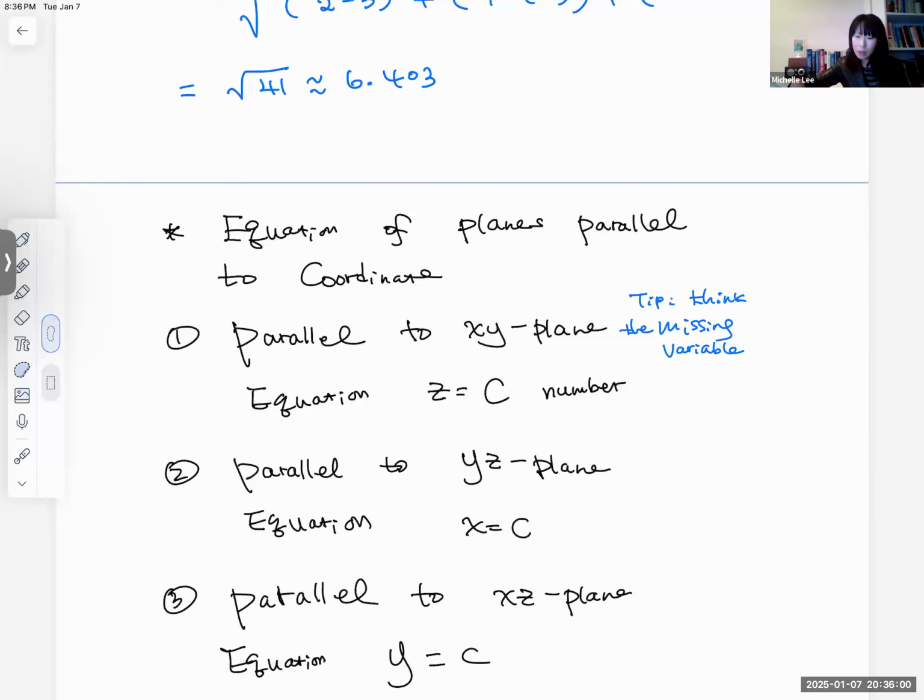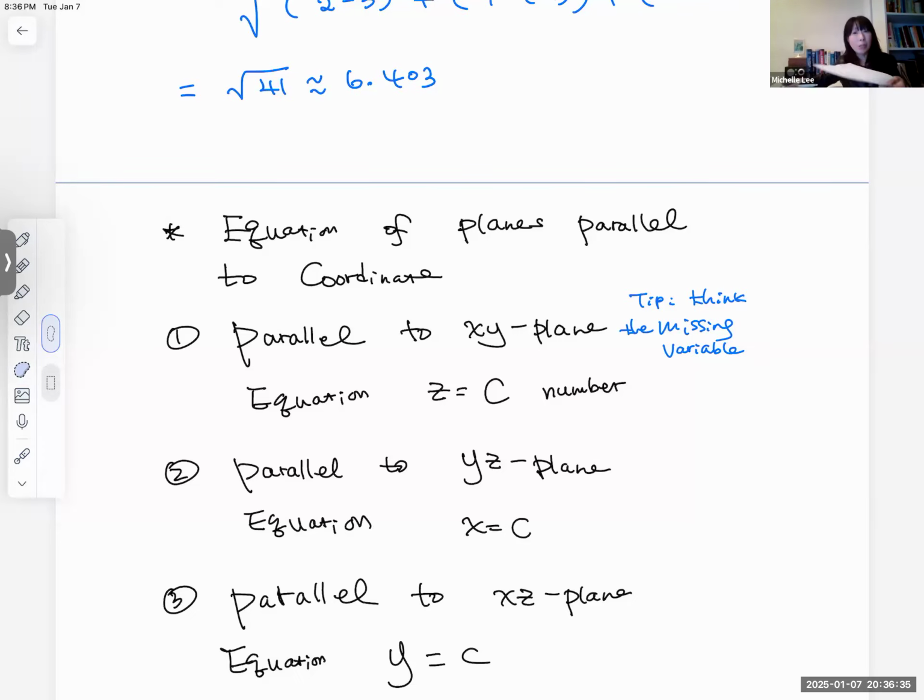Okay, so now we have equation of plane parallel to the coordinate planes. This is what we just did earlier. So parallel to xy plane. And then I said a tip. Think of the missing variables, right? Then we can express the equation. What is the missing variable in xy plane? So xy plane, we did that here, right?